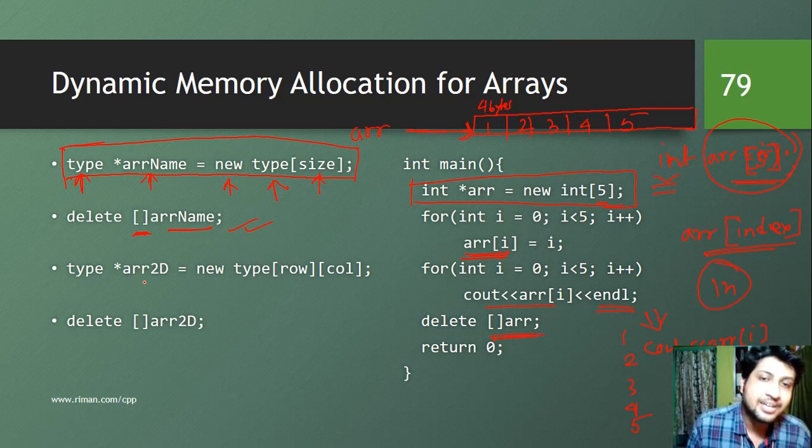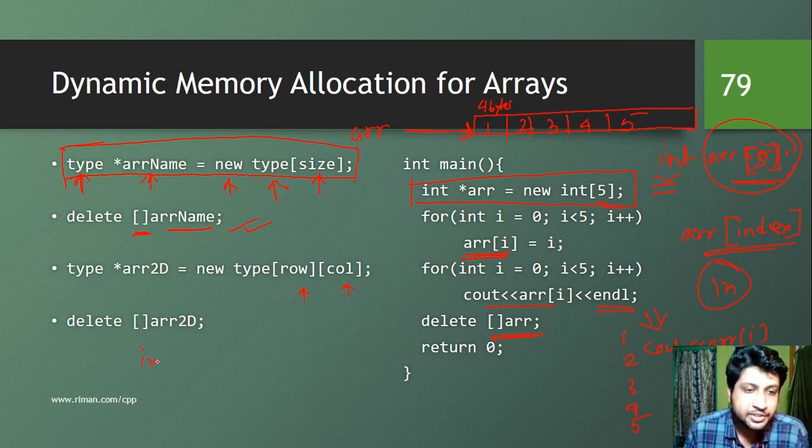Declaring a 2D array is also very simple in dynamic memory allocation. You can just write type **arr = new type[row][column], so you have to mention the row and column. Using this, you can create a 2D array.